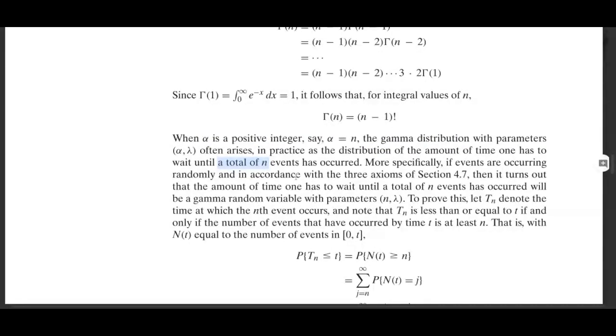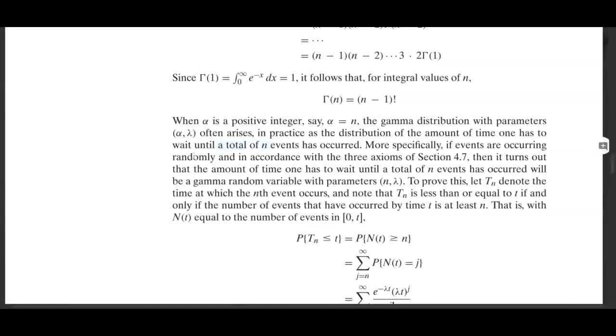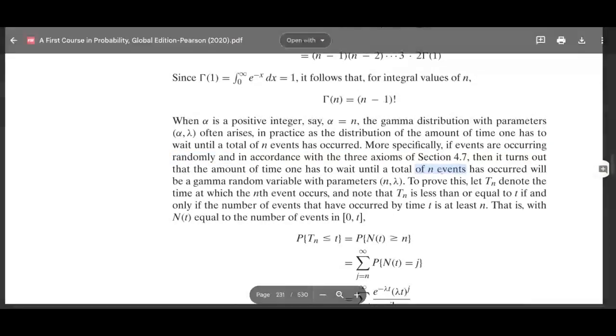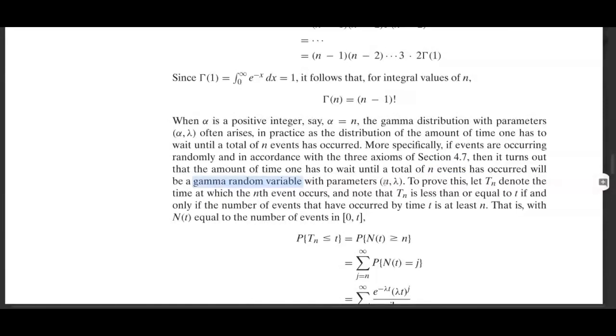More specifically, if events are occurring randomly and in accordance with the 3 axioms of section 4.7, then the amount of time one has to wait until a total of n events has occurred will be a gamma random variable with parameters n and lambda.